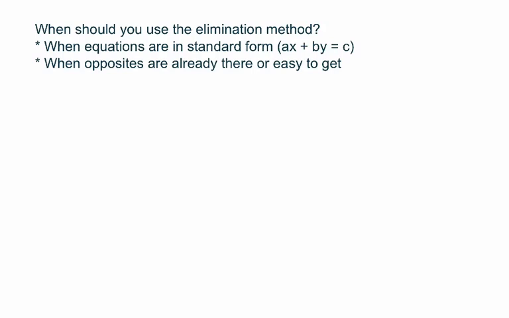Most of the ones that we've been looking at in the last 2 lessons have been in standard form. And when opposites are already there or they're easy to get, that's what you want to keep your eye on. I would say anytime substitution isn't a good method, probably you're going to use elimination. Just be prepared, you've got to do that thinking step. You've got to think, what do I want to get, and then how do I get there from here?